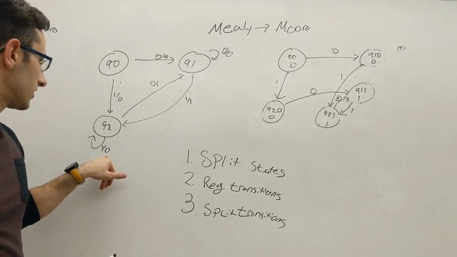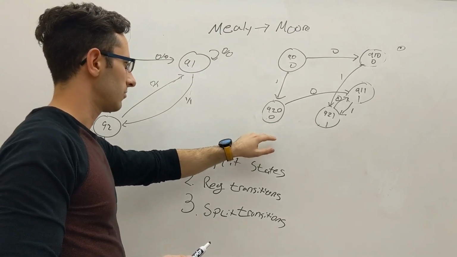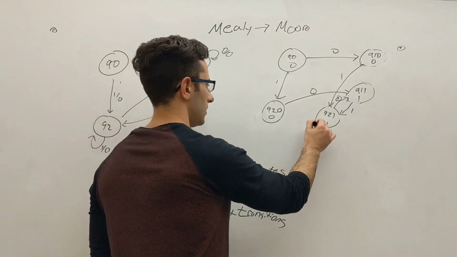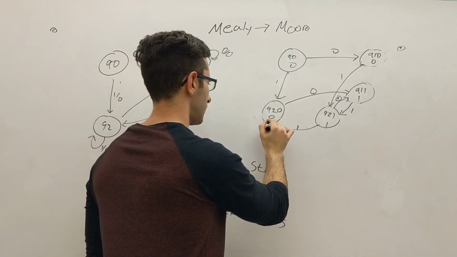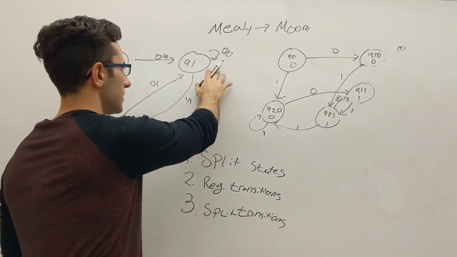Since the output is 0 here, both of them are going to end up in the Q2 0, and we're going to have a line starting from each of the two new states to Q2 0. That's going to be the one there, and then the one here. Same thing up here.